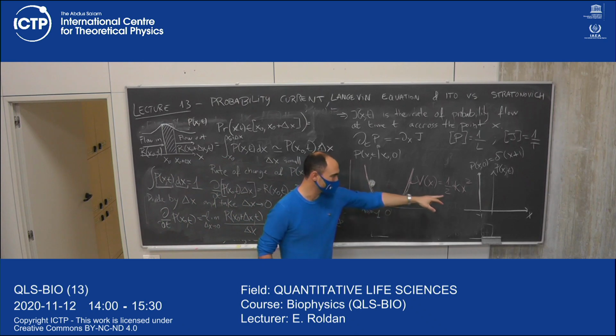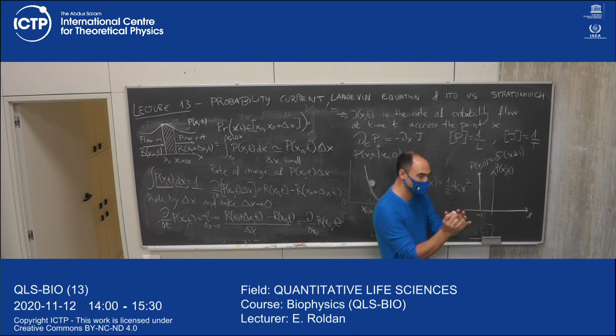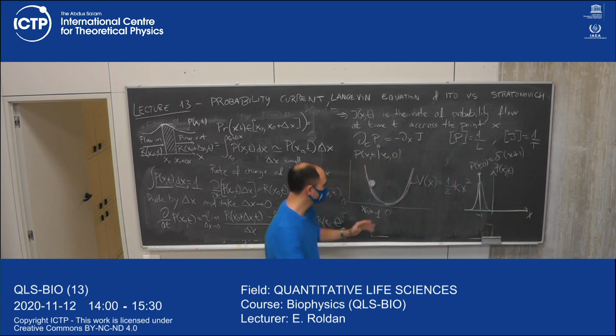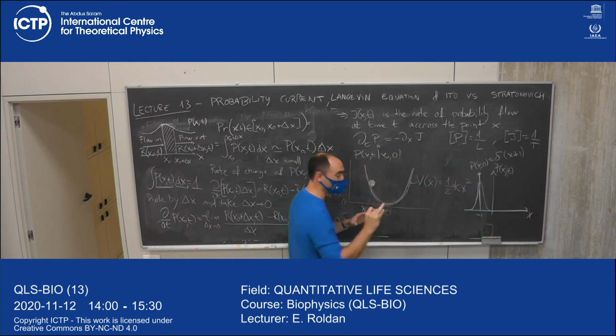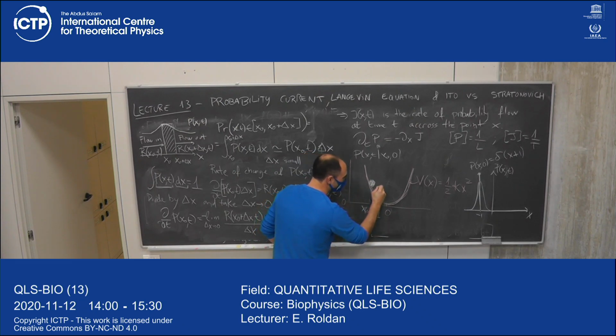So this distribution will change. This was the distribution at time 0, and what you will see is a diffusion of the distribution. For a short time, the distribution will be like this. It will spread a little bit. Because if you think about many particles, one particle could be here in a short time, another will be here, another here.